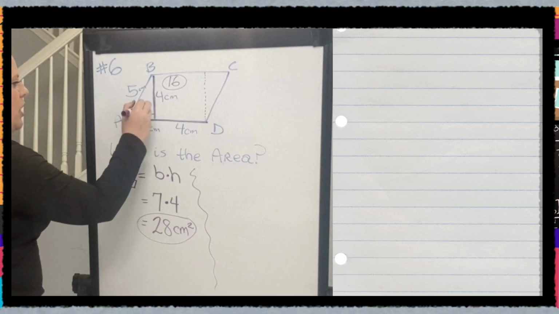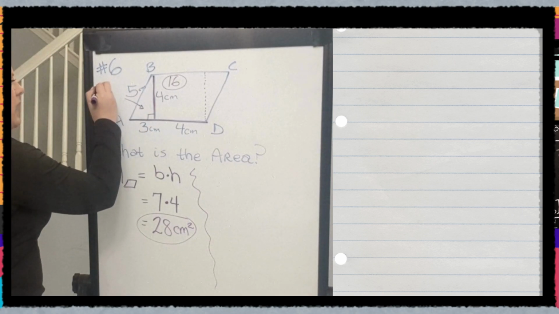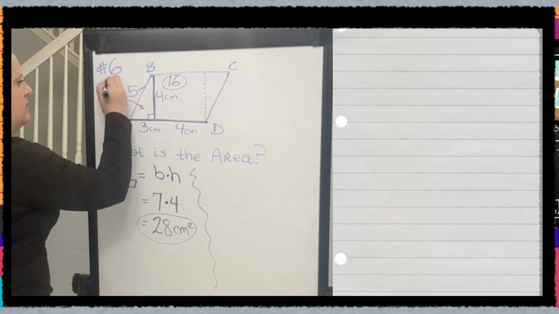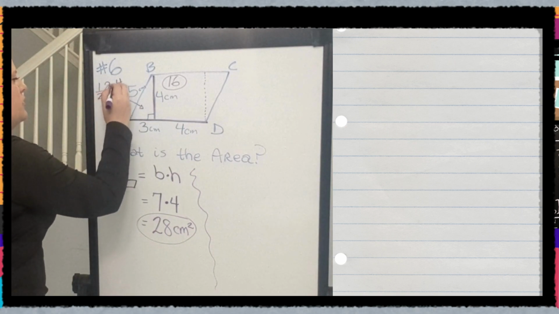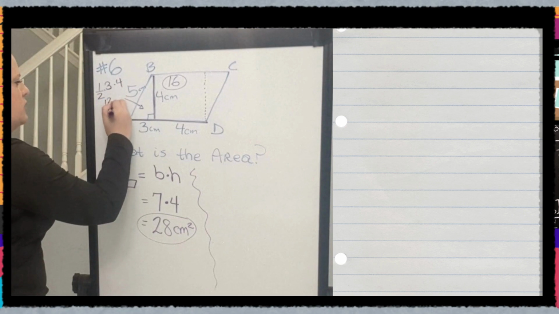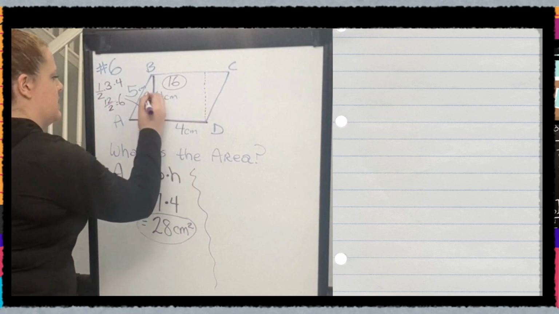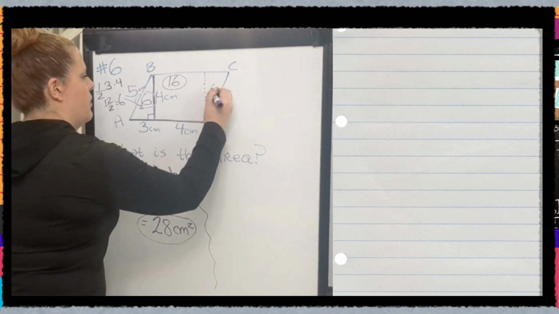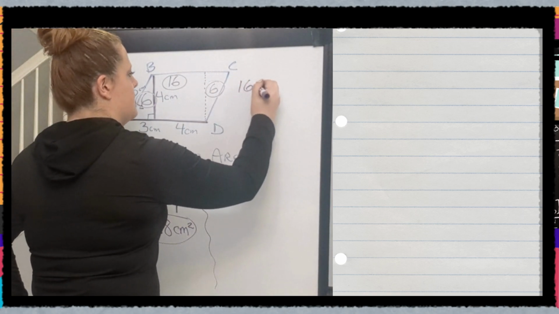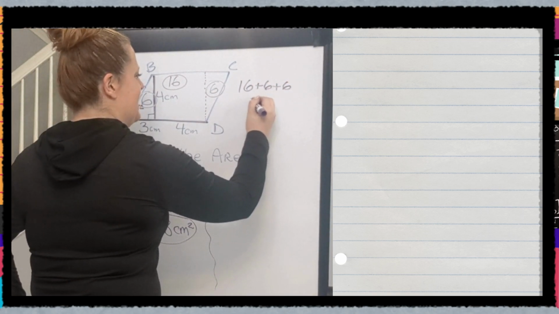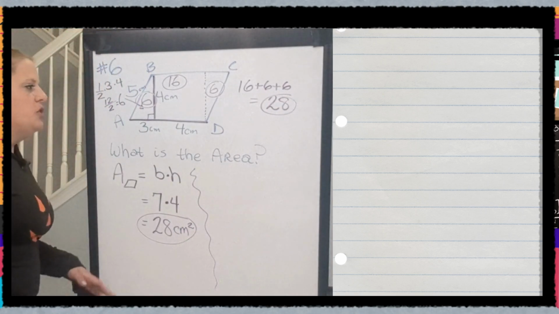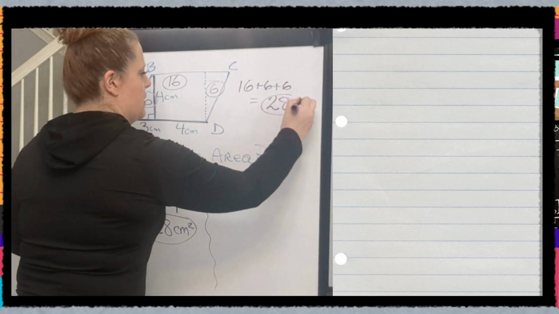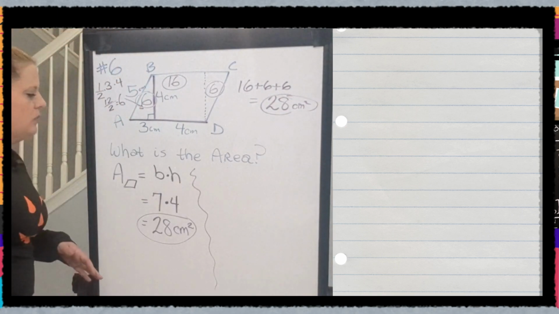And then for the triangles, 1/2 base times height, which ends up being 12/2 or 6. That's identical. 16 plus 6 plus 6 is going to equal 28. You get the exact same thing, centimeters squared.